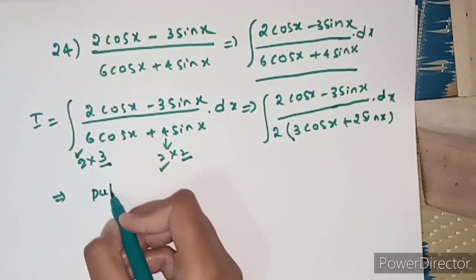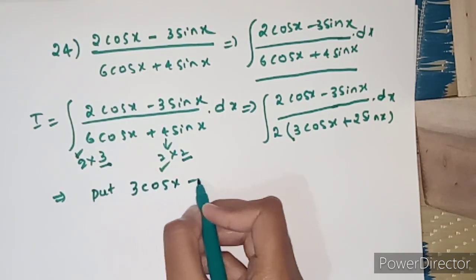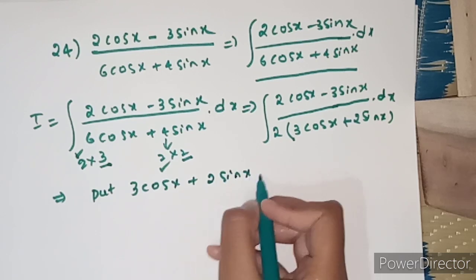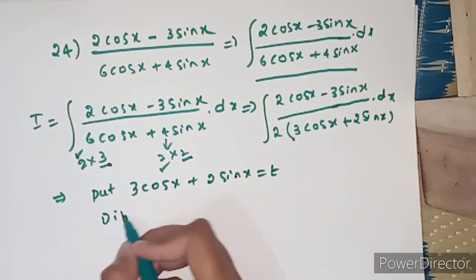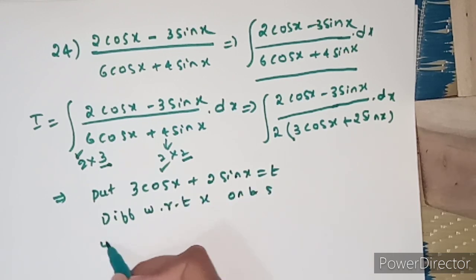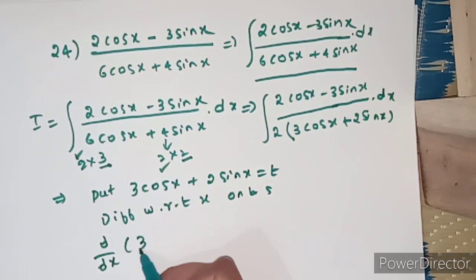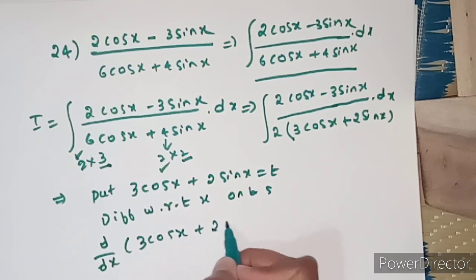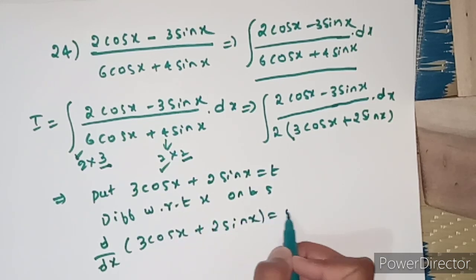Put 3 cos x plus 2 sin x equal to t. Differentiate with respect to x on both sides: d by dx of (3 cos x plus 2 sin x) is equal to dt upon dx.